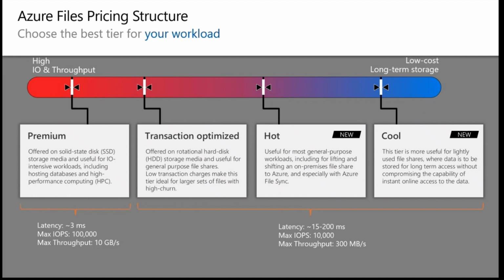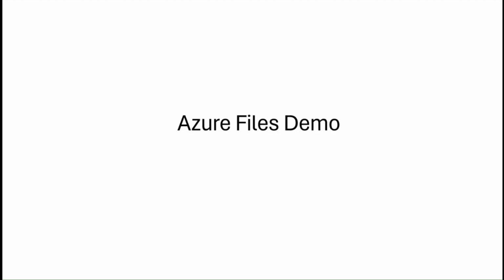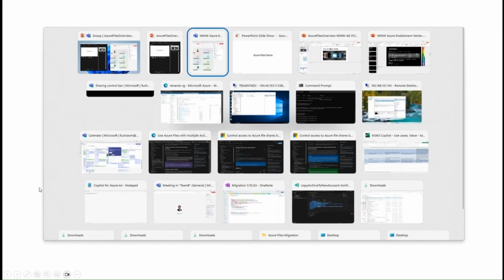So anytime you can utilize a lower tier of service, that is going to translate into cost savings. So with that, let's take a look at the Azure Files demo.